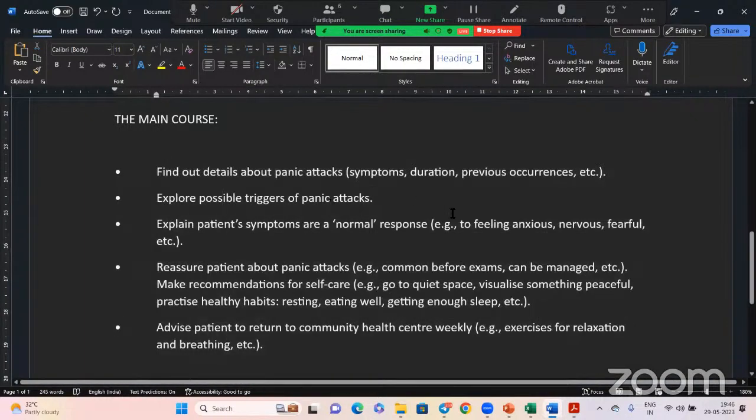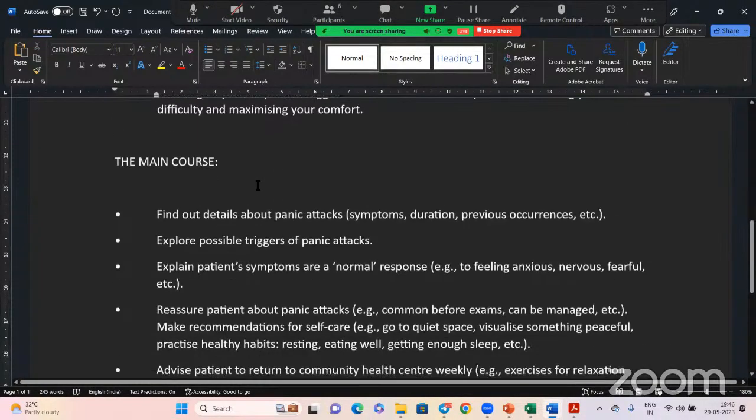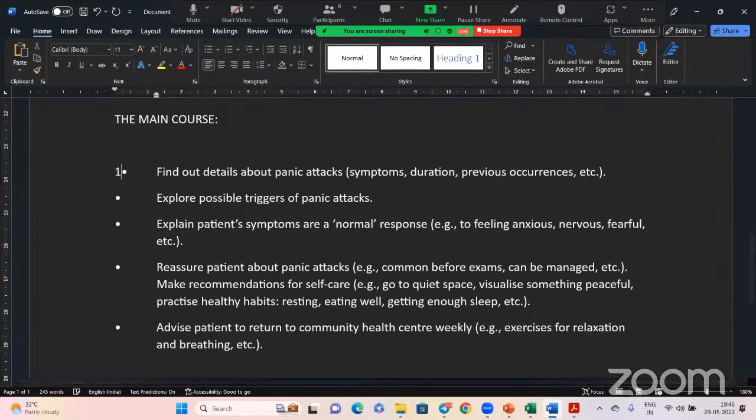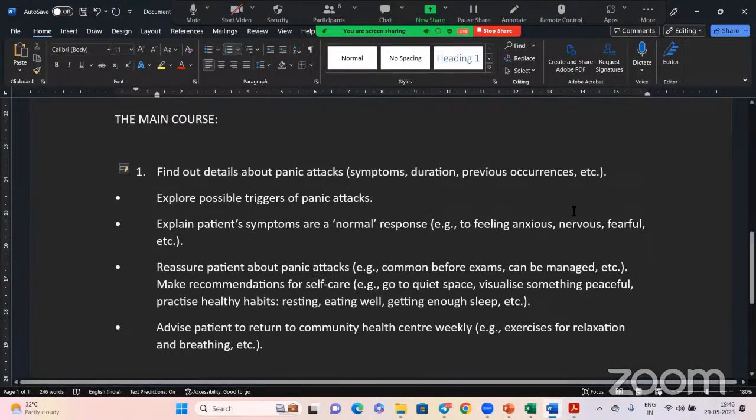The first point is bullet point number 1.